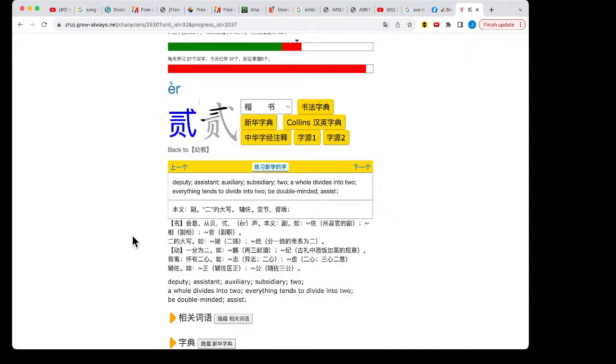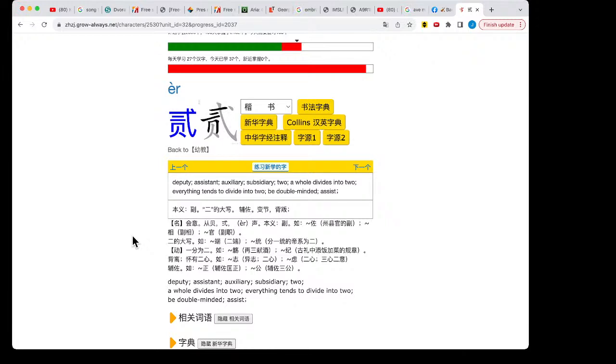But again, because this is rather complicated to write, nowadays we use another character to mean the meaning I mentioned, which is 副. For example, a principal of a school is called 校长 in Chinese. The deputy we call 副校长.